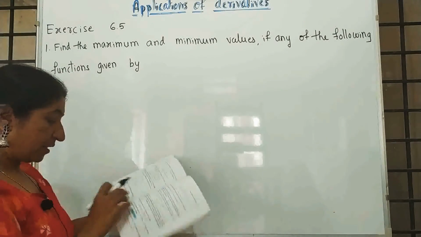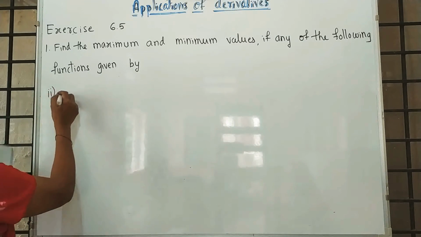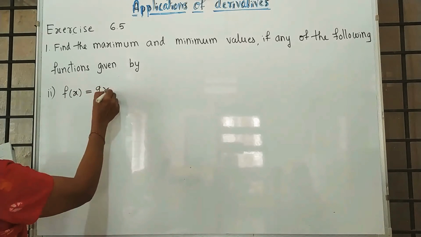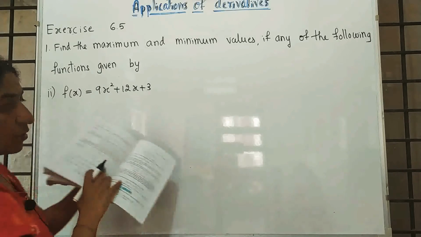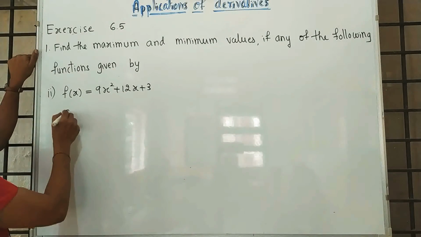f of x is equal to 9x square. Second problem, in the first main question, second one. f of x is equal to 9x square plus 12x plus 3. See, already we are familiar with the method. First step is what?